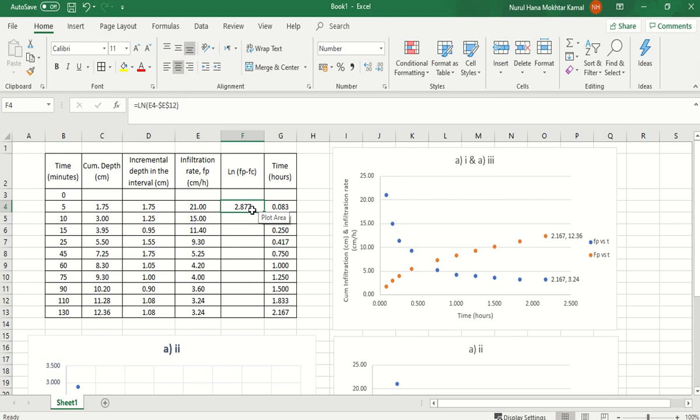Okay, this is an Excel tip. If you want to fix your cell value like this, because I'm using this value here, you should put this dollar sign here, so that when you drag your cell, it won't move.